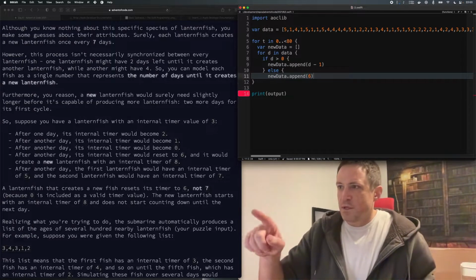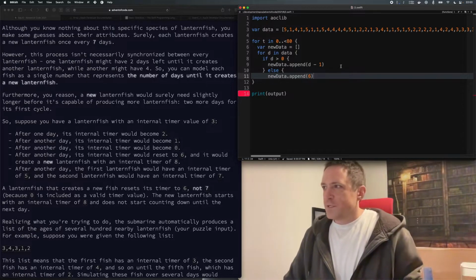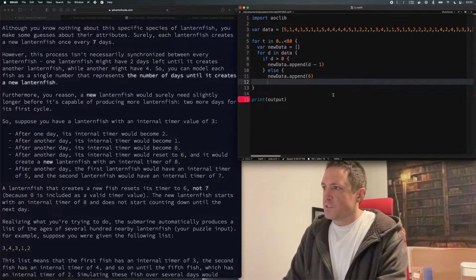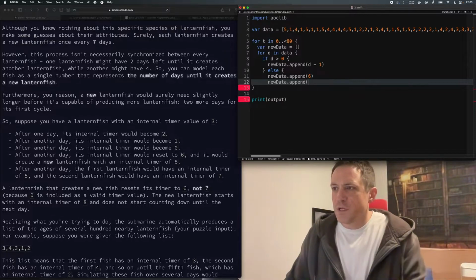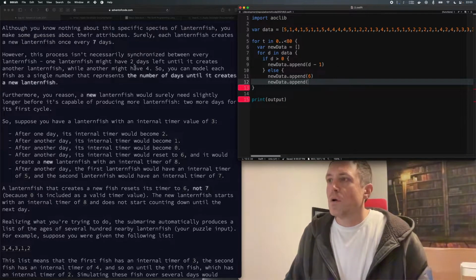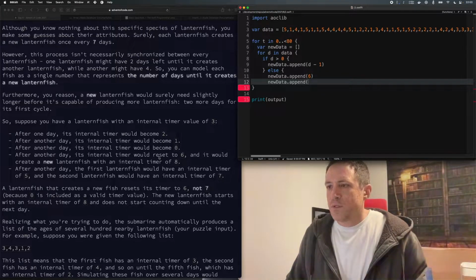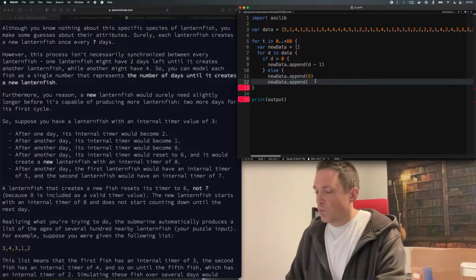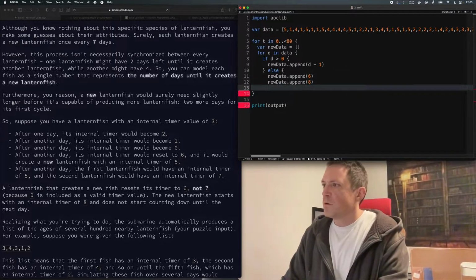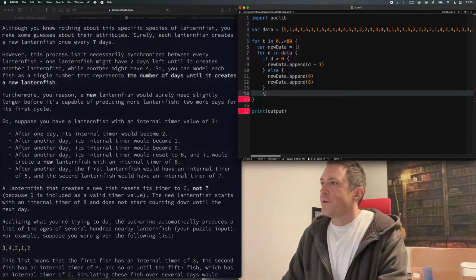Six, that's what he says, right? Because that represents the fish that already exist. And the new fish is on day 1. We did that to 6, and a new one with 8, right?